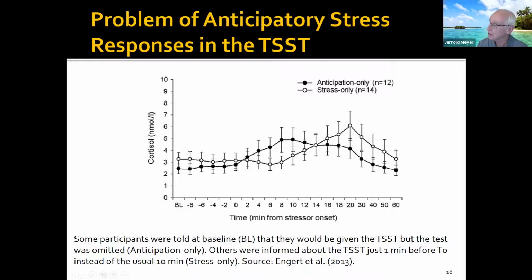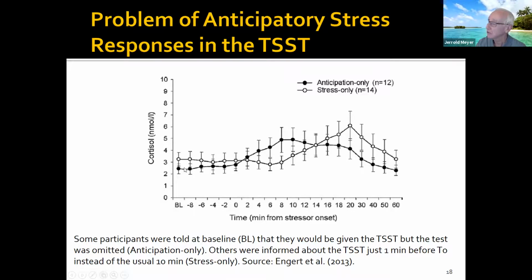So this was shown empirically in the study by Engert et al. So here are the groups. Some participants were told at baseline that they would be given the stress test. So in this case, they were told about it, but the test was omitted. So that's these guys here.